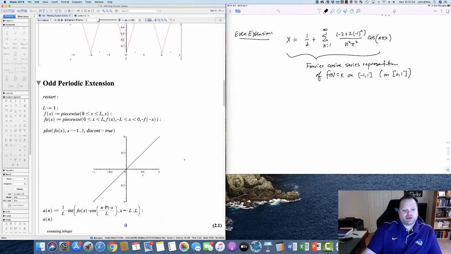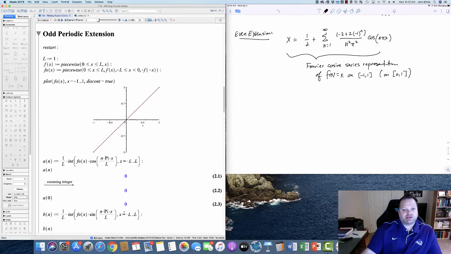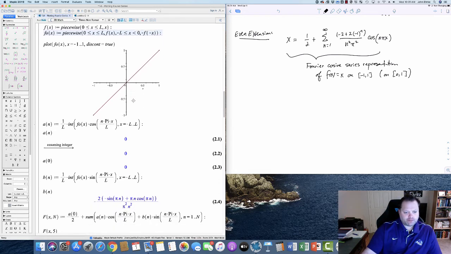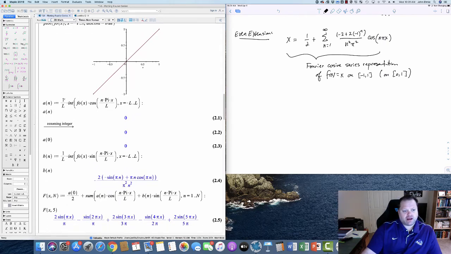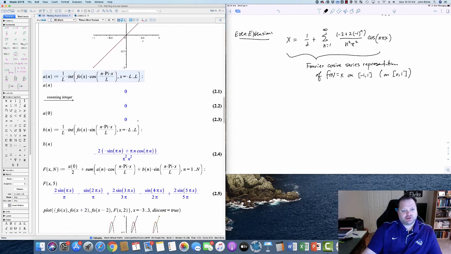Now, similarly, if we go over to the odd periodic extension, it's what you would expect, f of x, negative f of negative x. I didn't have to define 0 here because the two match up at 0. I've got my Fourier cosine coefficients with the odd extension, f_o of x. Notice those disappear.